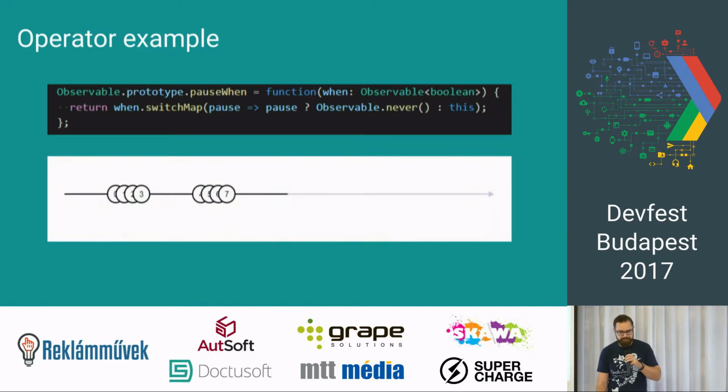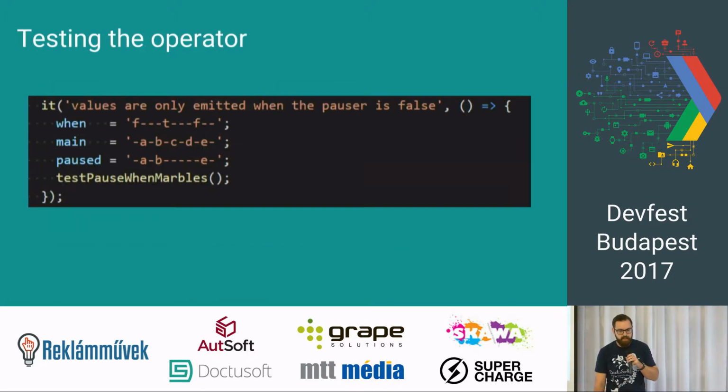And let's see how we test that. All right, so we basically have 3 strings and we are done with the test. Actually, this is my favorite part. We have the 3 streams: the condition stream that emits false and true values, the main stream that emits some data we want to stop and resume, and our result stream.